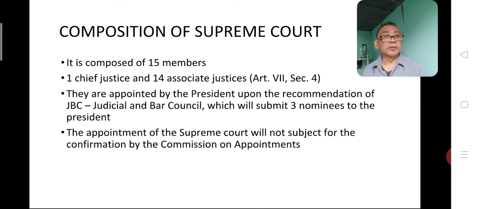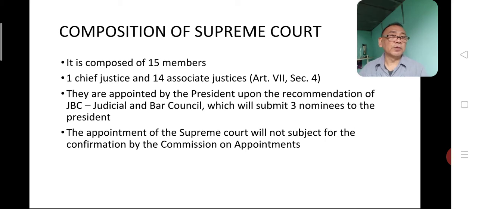They are appointed, of course, by the President, upon the recommendation of the JBC, the Judicial and Bar Council, which will submit 3 nominees to the President. So, the JBC is the one who chooses the nominees, and it will be submitted to the President, and the President will choose who the justice will be.